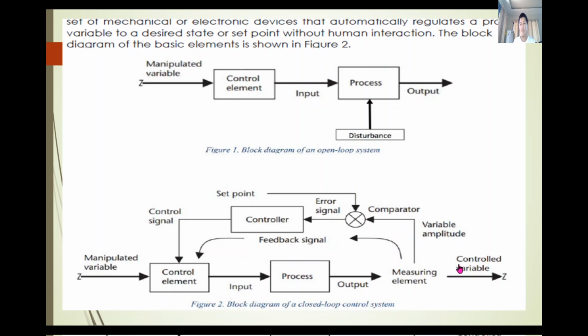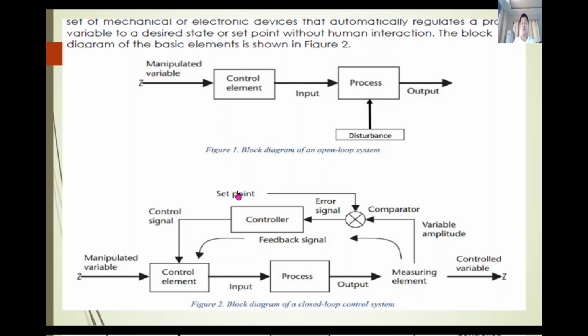So here, there is also an error signal going to the controller. So whatever the set point here, let's say for example, a set point. So what is set point? Set point is a desired value of the output parameter or variable being monitored by a sensor.